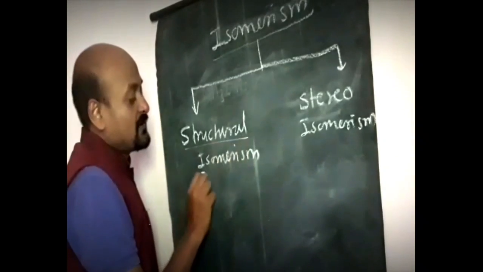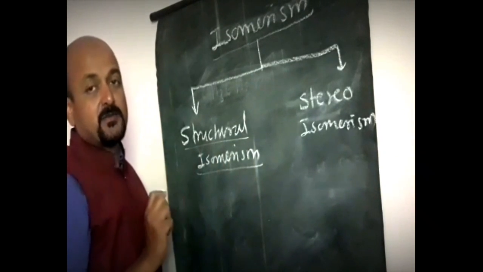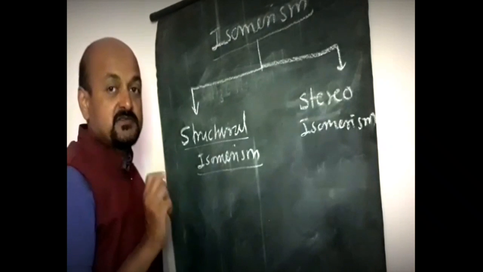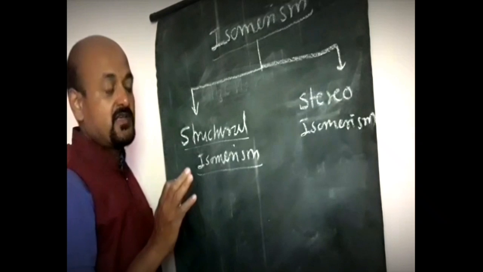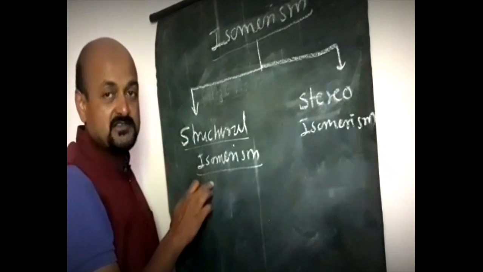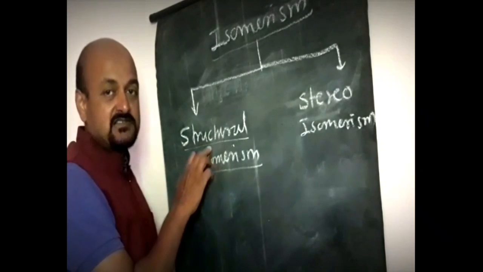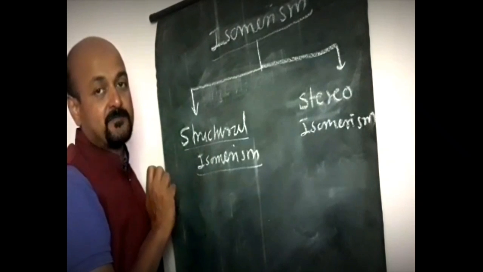Structural isomerism means compounds having the same molecular formula but different structural formula. All these examples are included in structural isomers. So this phenomenon is known as structural isomerism.